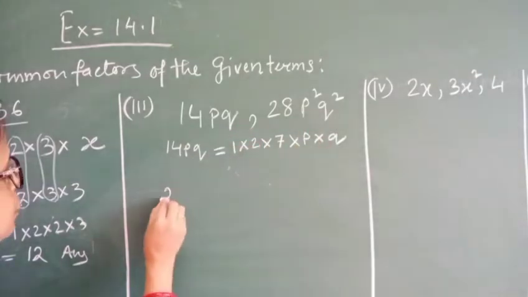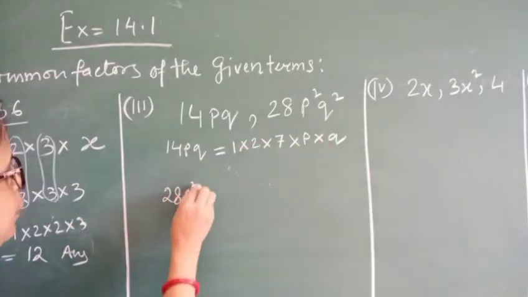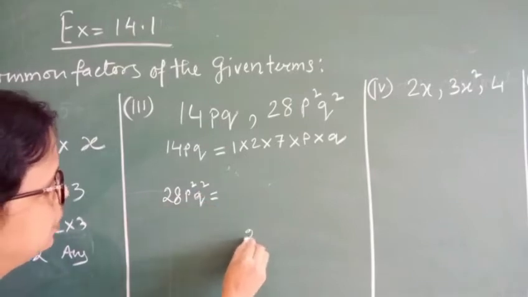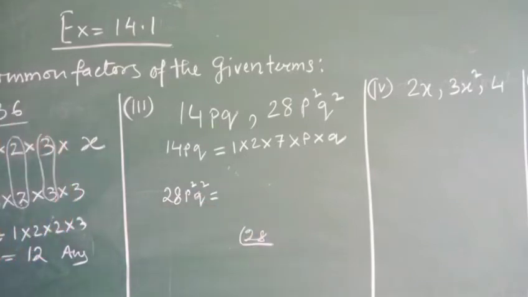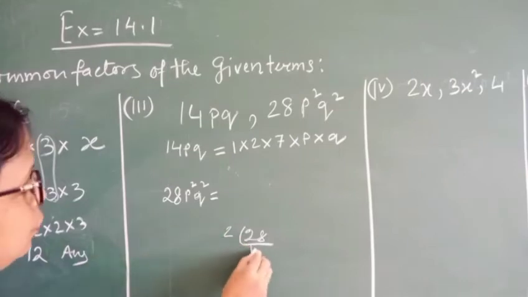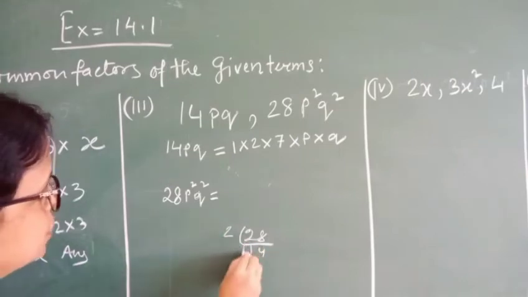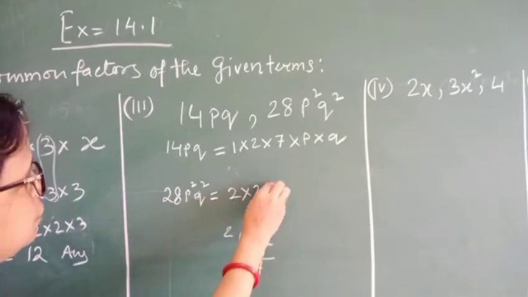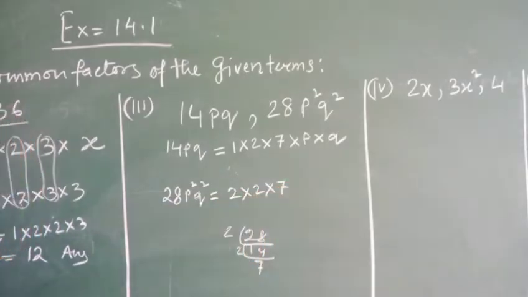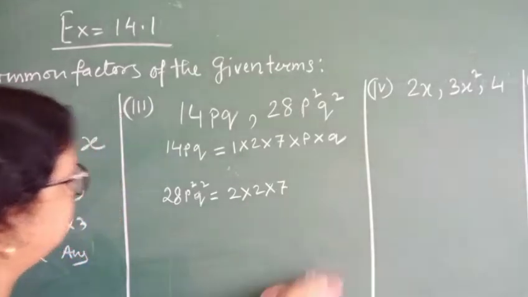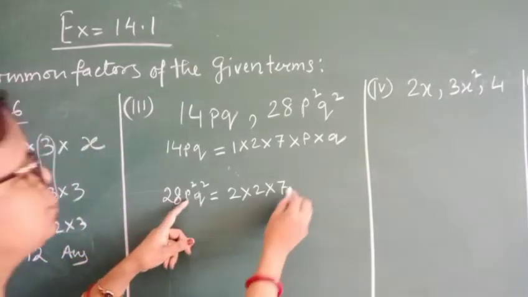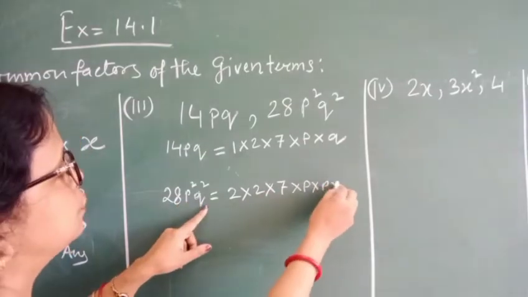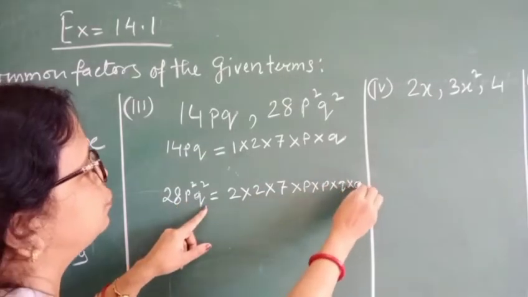Now the other one is 28p square q square. 28 means 2 times 14, and 14 is 2 times 7, so 2 into 2 into 7. After that, p square means you write p twice, and q also comes 2 times.